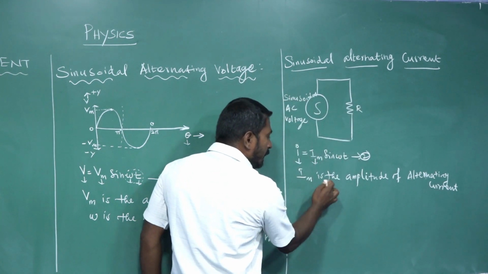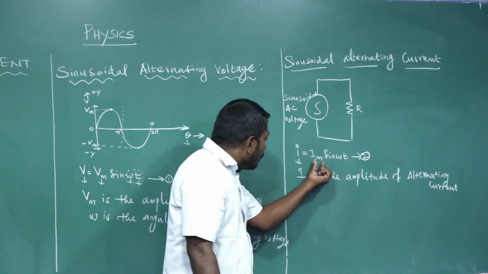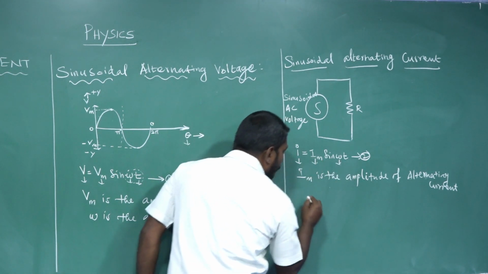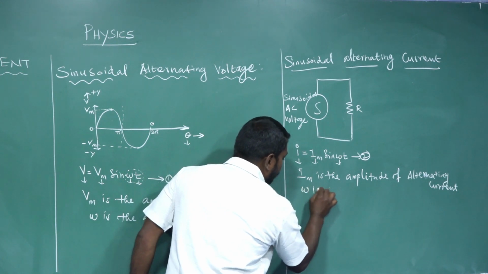So Im is the amplitude or peak value of alternating current. Omega is the angular frequency of alternating current.